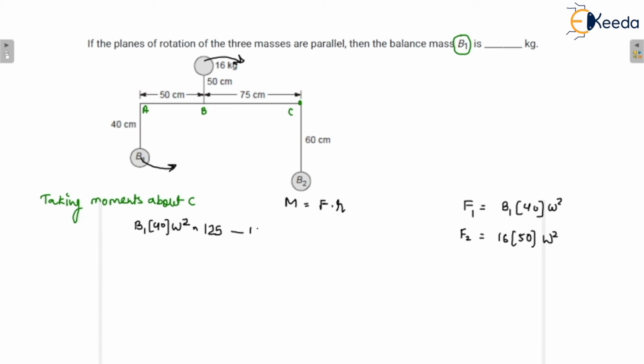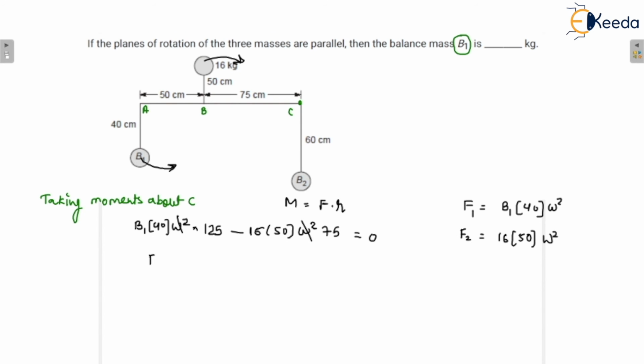So it would be 16 into 50 omega square, and what is the distance of this? 75. So basically it is equal to 0. From here you can see that omega is not given and it can be taken common, so basically you can neglect it.